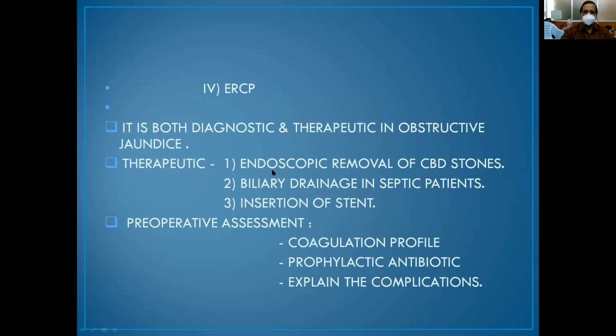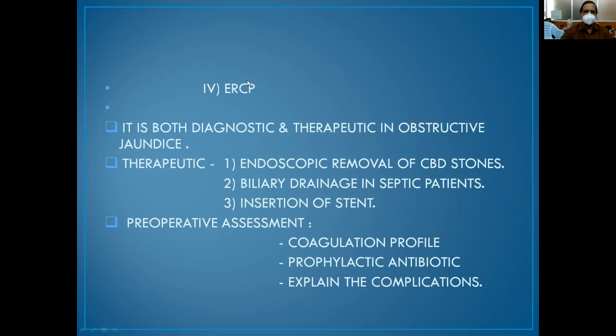After doing cholecystectomy, we can remove the stones in the CBD through endoscopy, that is by doing sphincterotomy. And in case of any infection in the biliary tree, biliary sepsis, by doing sphincterotomy we can drain all the infection, and also we can insert a stent, particularly in case of obstructive jaundice.